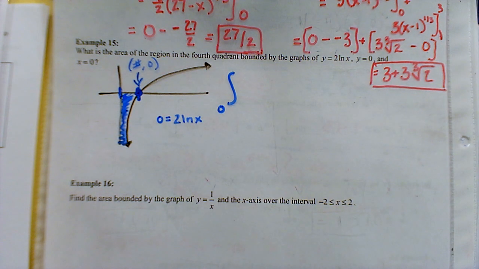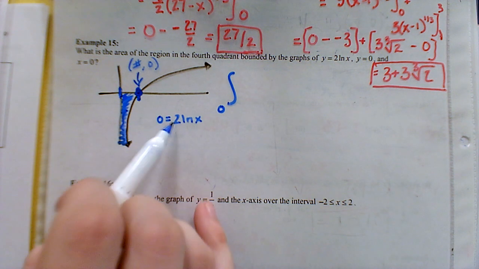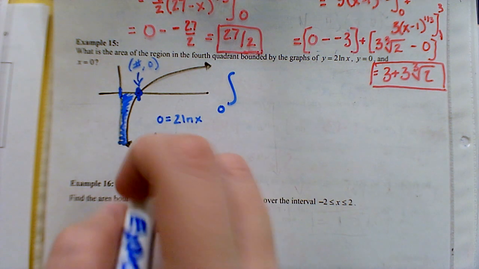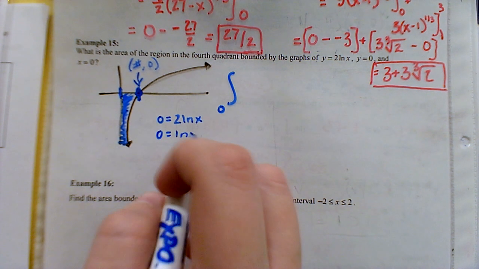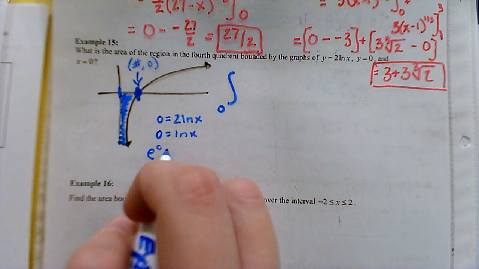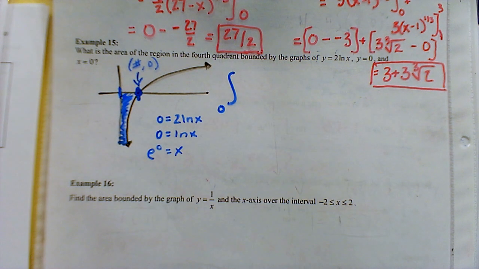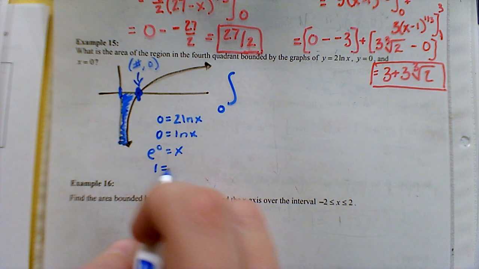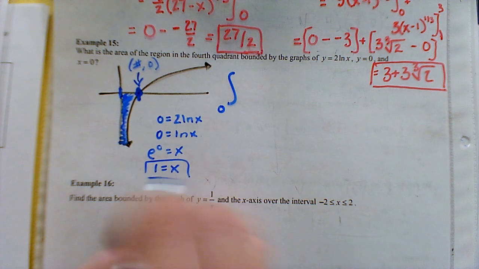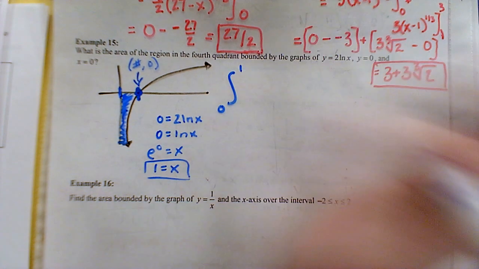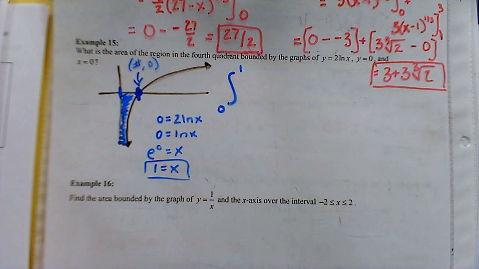Okay, you can kind of do the guess and check. But notice how solving for x, if you divide the 2 over, that's just going to remain a 0. And then moving a natural log over becomes an exponential, and e to the 0 is 1.